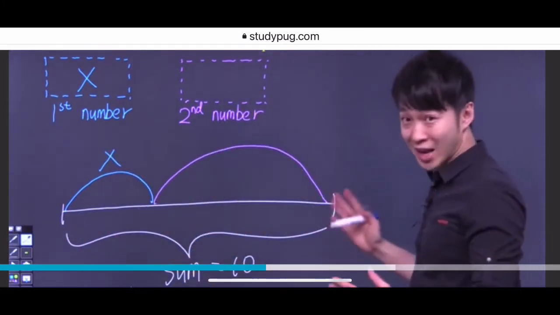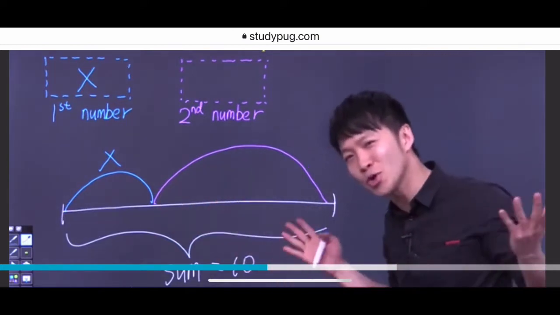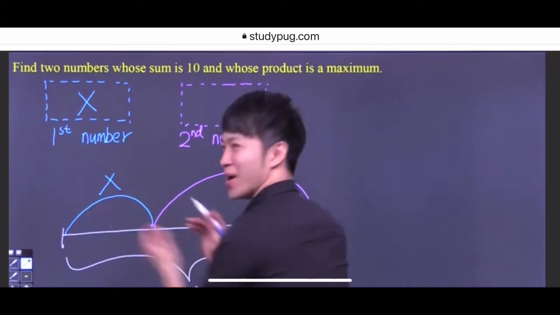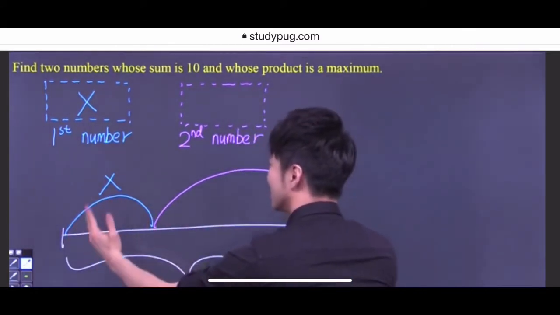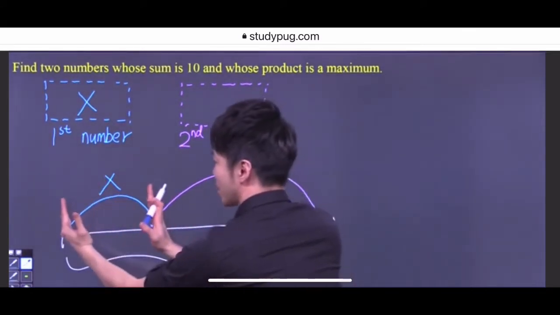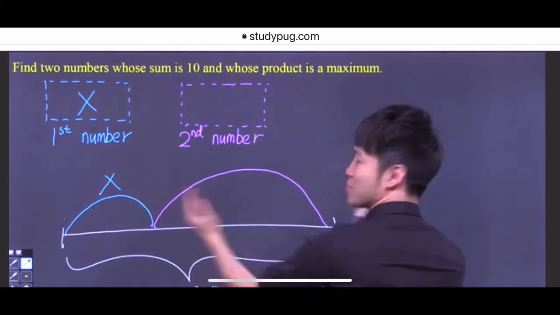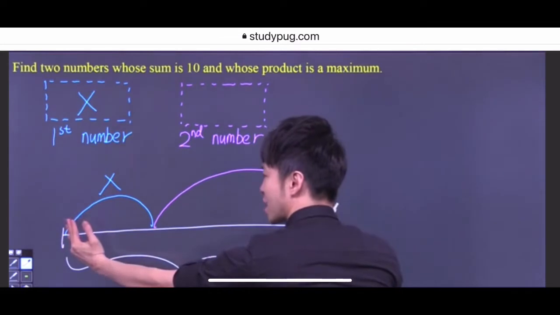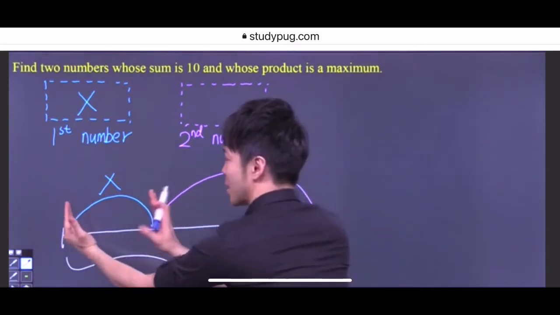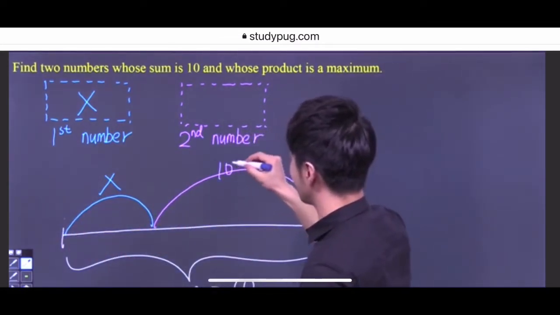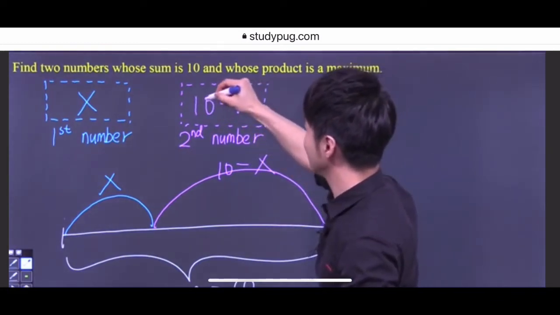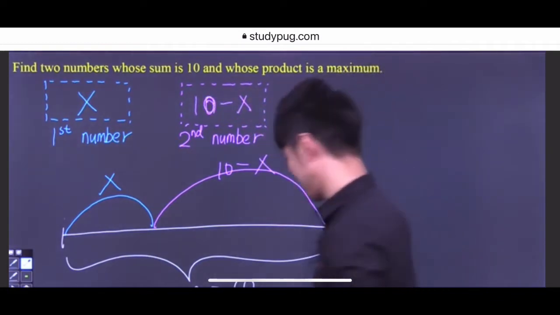What would you say the second number will naturally be? 10, take out the first number, right? See, 10, total sum, take out the first number, then we get the second number, right? Yeah, so our second number will be total sum 10 minus the first number x, then we get 10 minus x to be our second number, right? 10 minus x. Okay, cool.